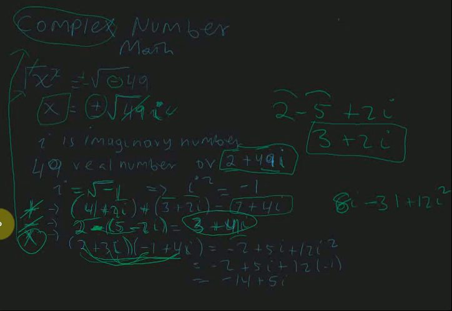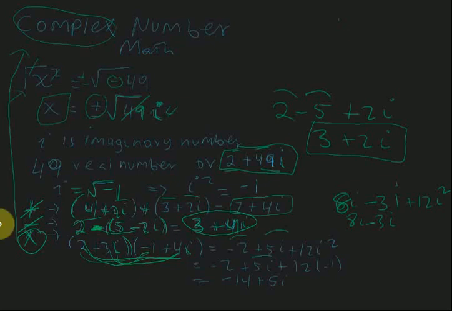So now we have here 8i minus 3i, right? So that will become 5i.